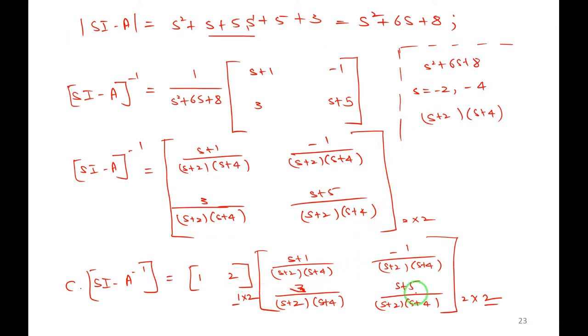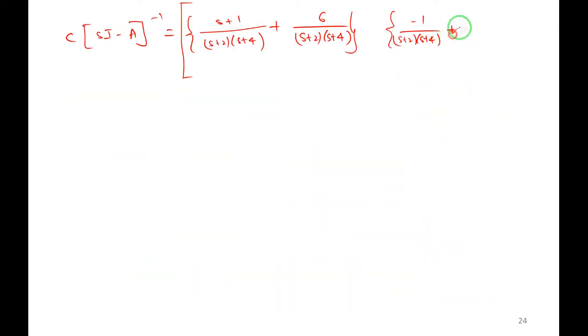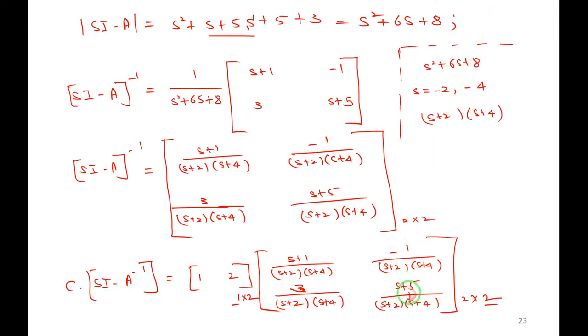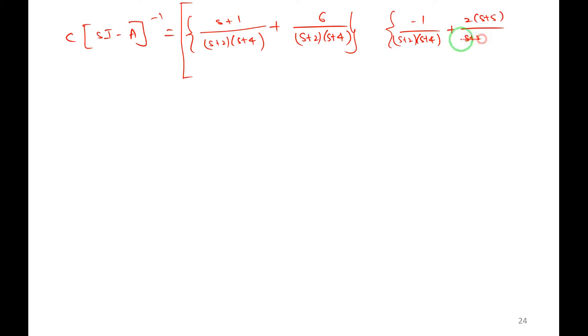Then 2 into this quantity, 2 into s plus 5, divided by (s plus 2)(s plus 4). You don't make this mistake. Better you take this common outside. That would be better, so that it will be simplified. So I am getting the matrix of 1 cross 2, 1 row, 2 columns. Is it fine?